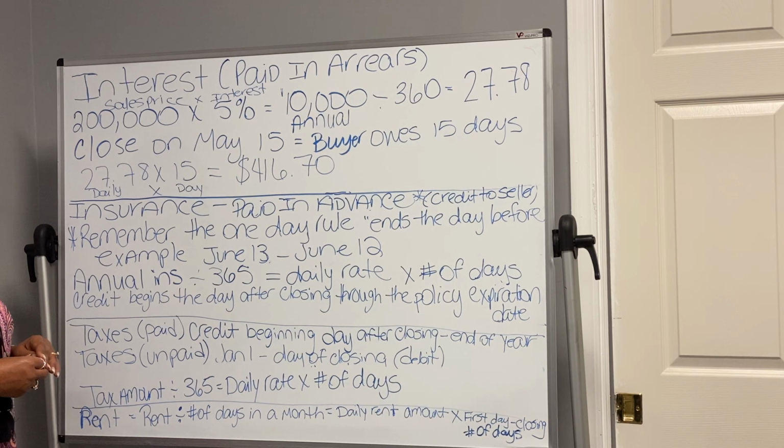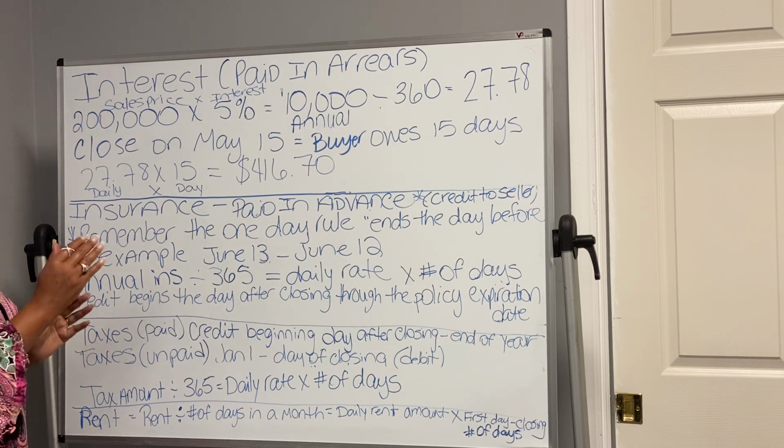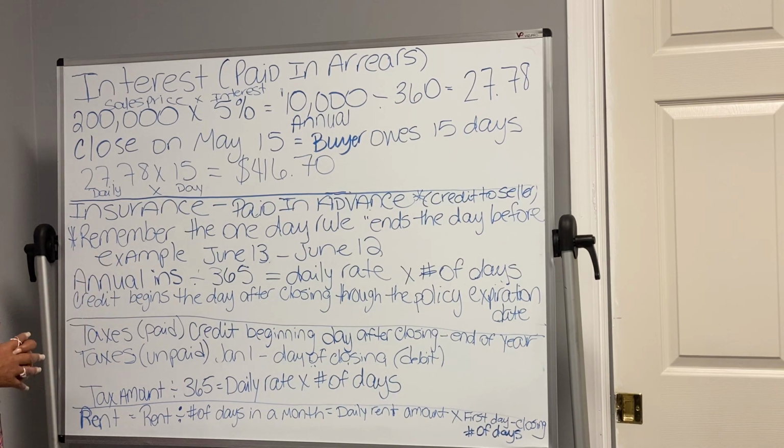When the taxes have not been paid, we will start at January 1st all the way up through closing to debit the seller. If the seller has not paid the taxes, we will start at January 1st all the way through the day of closing to get the number of days and debit the seller because they are responsible for taxes during the time they own the house.